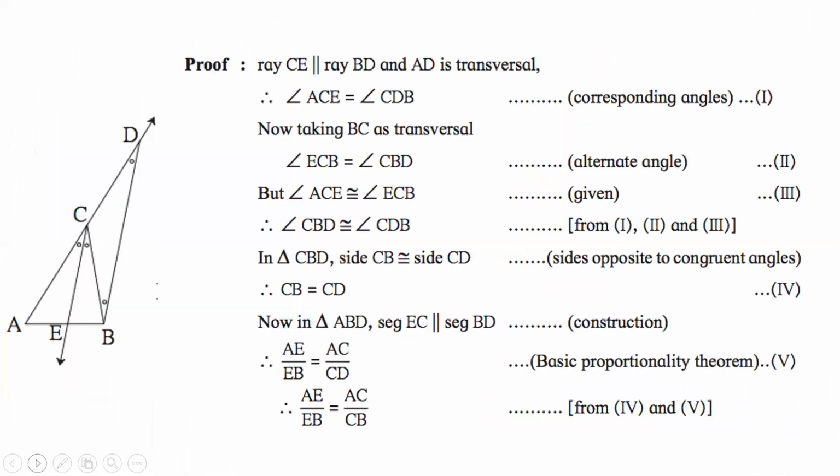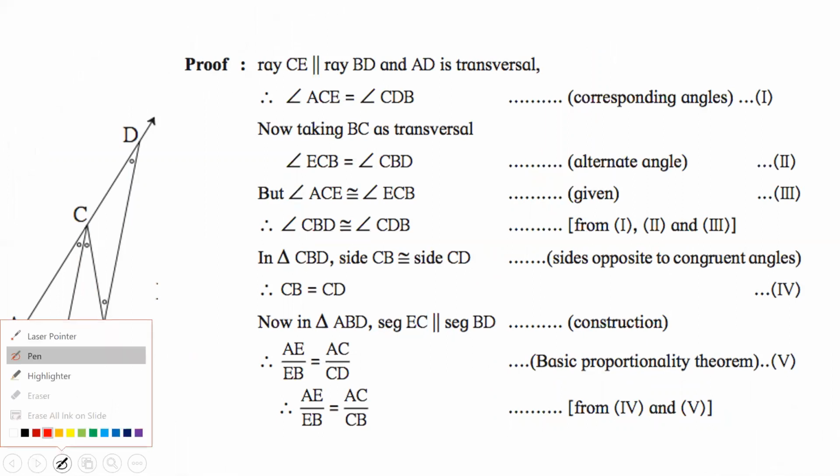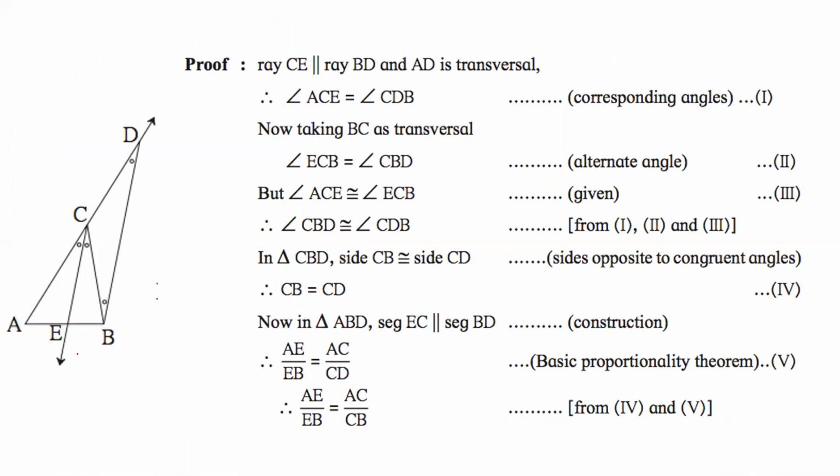Now, in order to understand this derivation, let's start. Ray CE is parallel to ray BD, and AD is the transversal. We know that CE is parallel to BD from the construction, and as AD is the transversal, we get that angle ACE and this angle are corresponding angles.